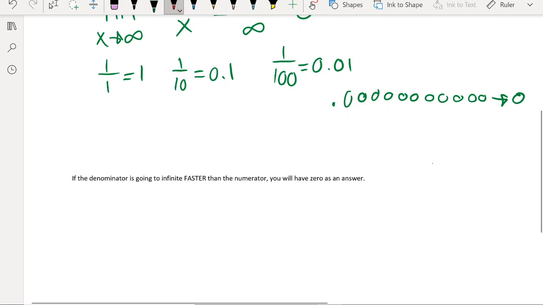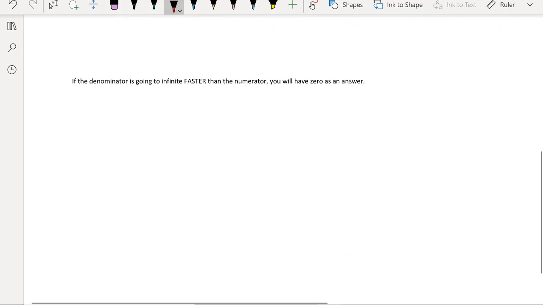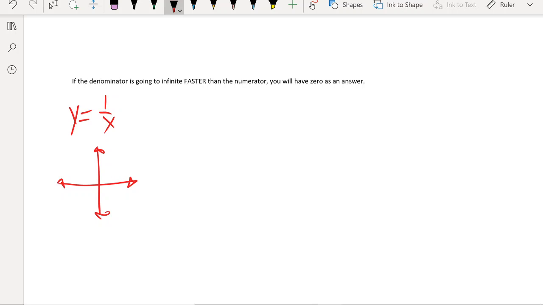So let's look at a couple different graphs. If I did y equals 1 over x, it looks kind of like this. And then you got a graph like that and a graph like that. So as x is approaching infinity, it's going to 0. As it's approaching negative infinity, it's also going to 0.